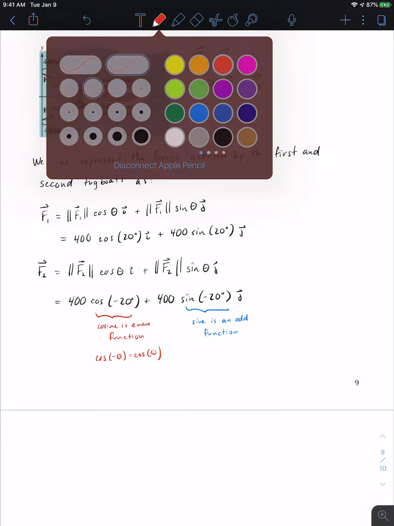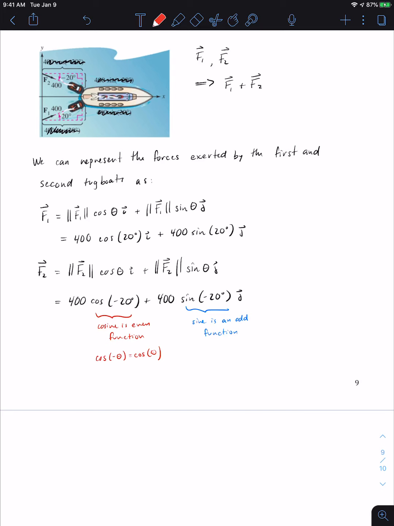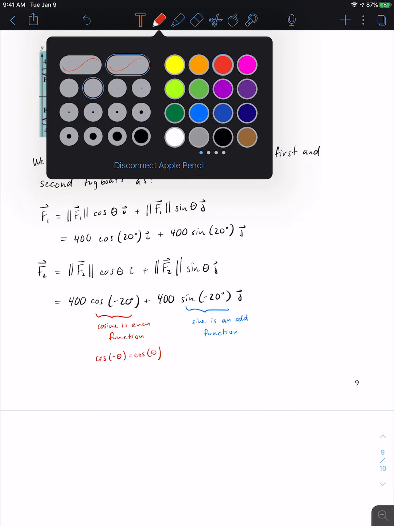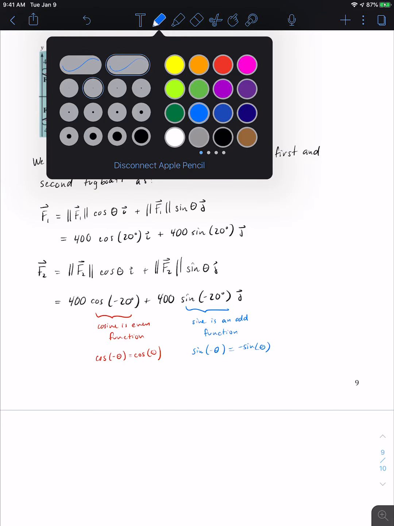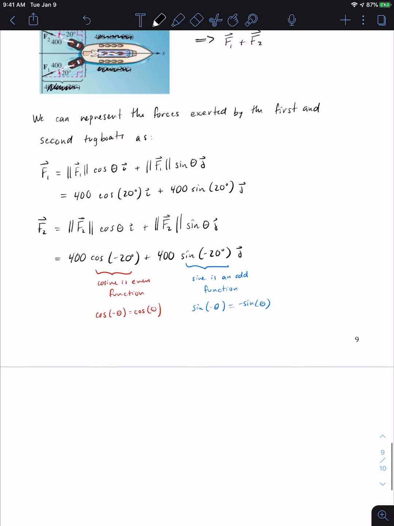Even means it's symmetric with respect to the y-axis, and odd means it's symmetric about the origin, which is why I get this negative. Sine of negative theta is equal to negative sine of theta. Those are some properties about sine and cosine that you're probably familiar with, but haven't seen in a while.